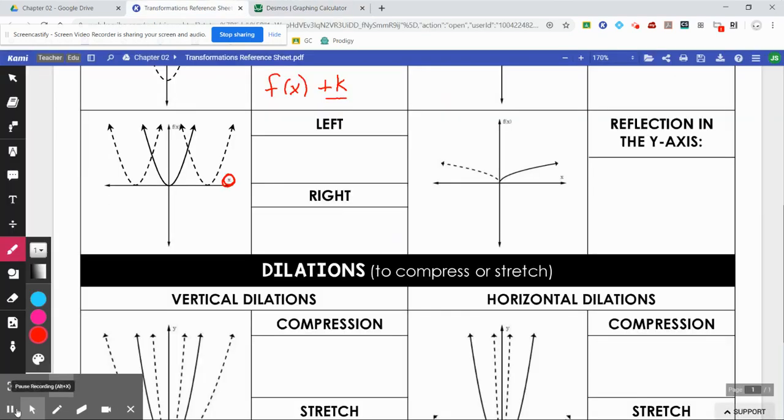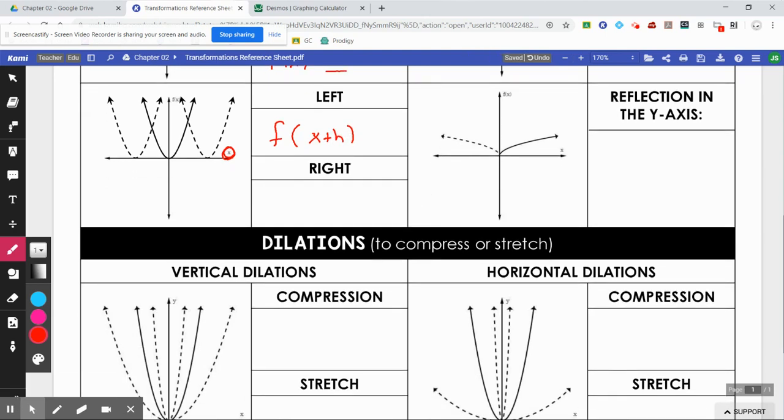And the way we're going to write that is, in order to move something to the left, we take our function, and inside with the x, we add a value. So f of x plus h would move it to the left. So f of x minus h, if we take inside with that x and subtract a value, it would move it to the right.